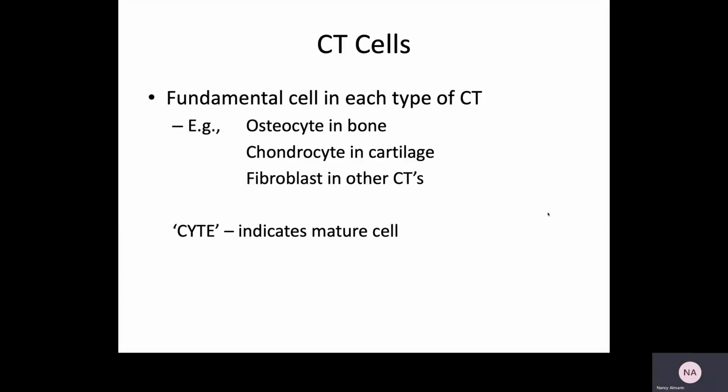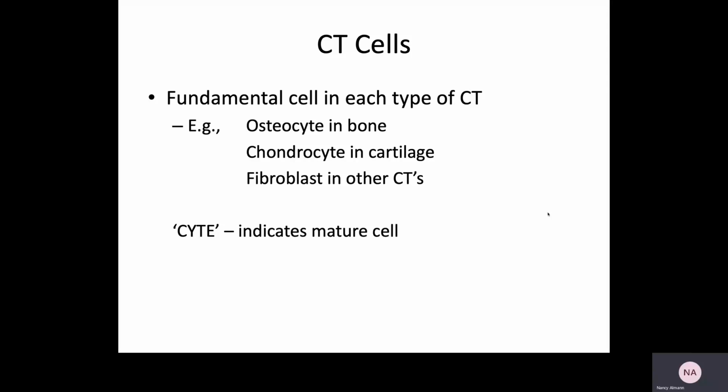When it comes to the connective tissue cells, there will be a fundamental cell type in each of the varying connective tissues. Anytime you see osteo, think bone. Cyte means mature cell. So an osteocyte is a mature cell that is surrounded by the matrix of bone. Chondro always means cartilage.